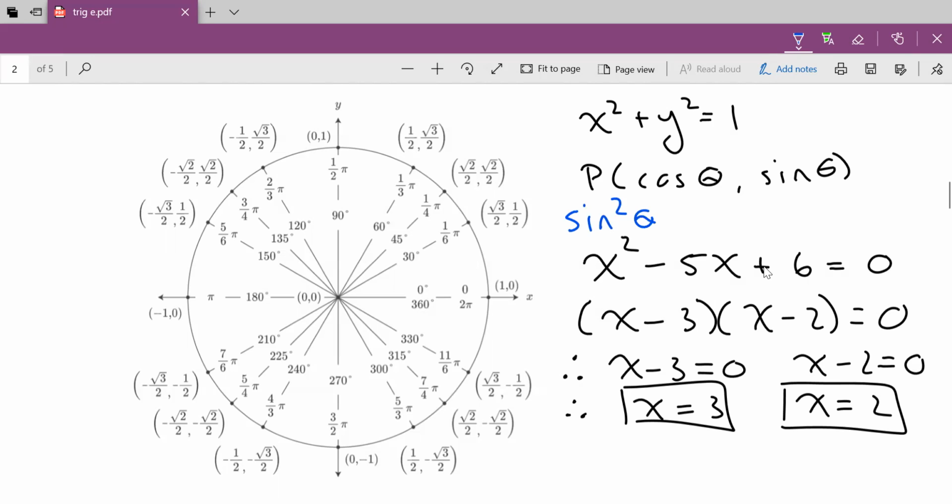Sine squared theta minus 5 sine theta plus 6 is equal to 0. Now, before we get to those, like that looks scary, right? So before we get to that, let's look at a few more basic questions first, and then we'll get to something a little bit more nasty like that in a bit.